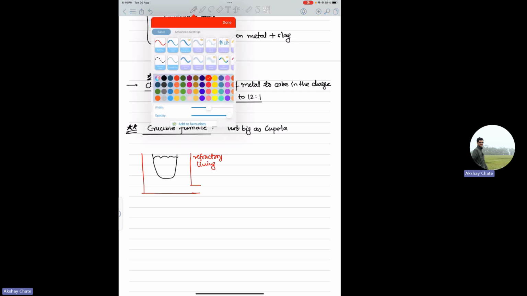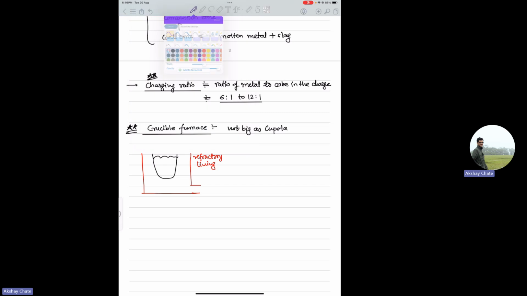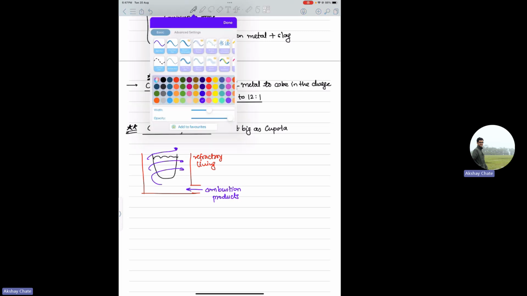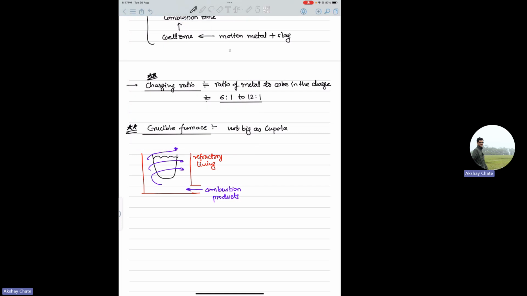And then what happens once the combustion starts? The combustion products, let's say you use some blower, come here and go around your ladle, and then they go out. So this is your combustion products. The thing is, in crucible kind of furnaces, as you can guess, there is no direct contact of combustion products with the metal or ore that is melting inside the ladle.